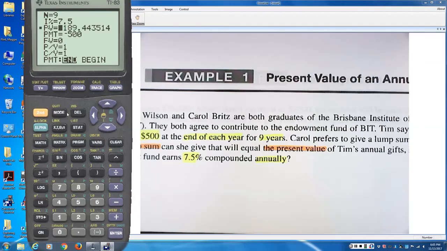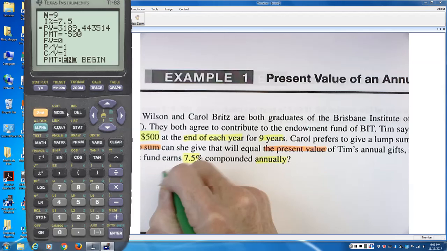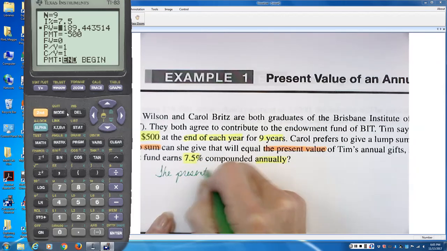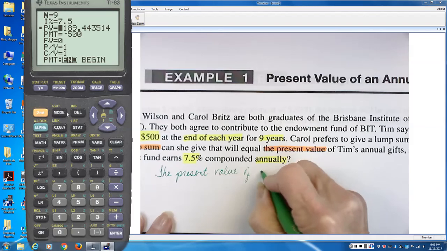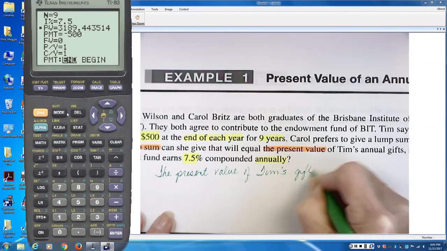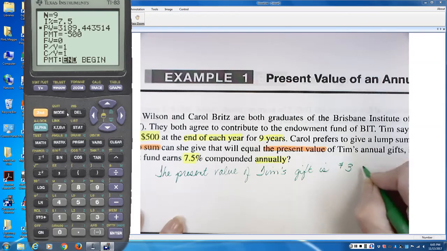So the present value, or the amount of money that it's worth today, is $3,189 and 44 cents.